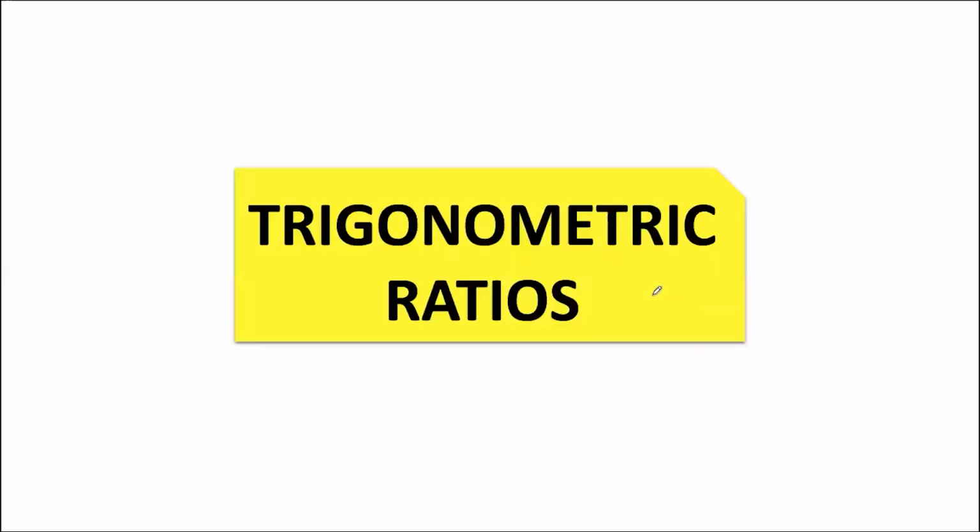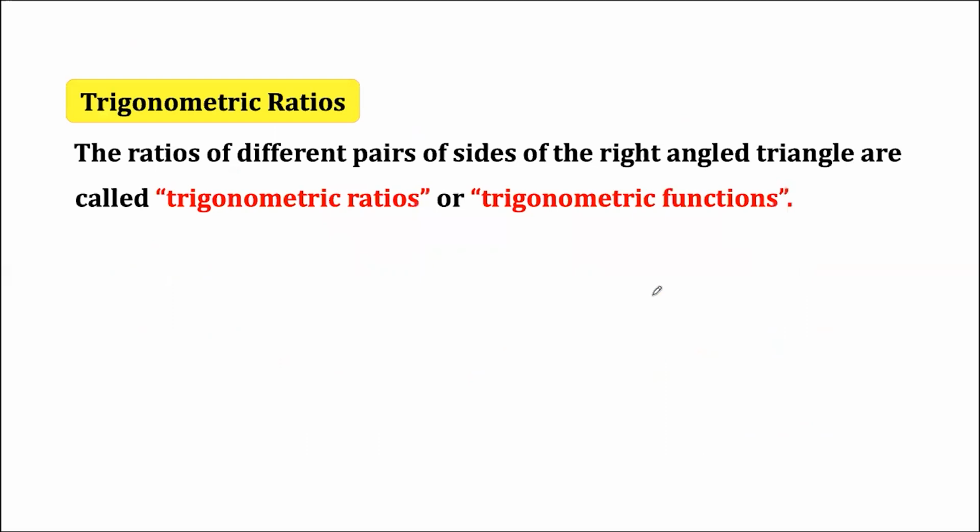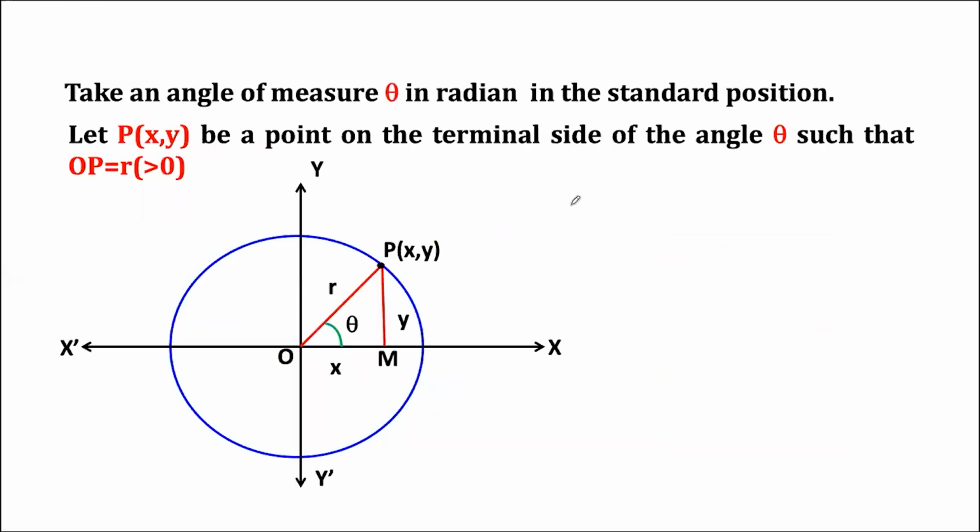We have already seen how to go for the trigonometry ratio. The ratio of different pairs of sides of a right angle triangle is called a trigonometric ratio or trigonometric function, right?